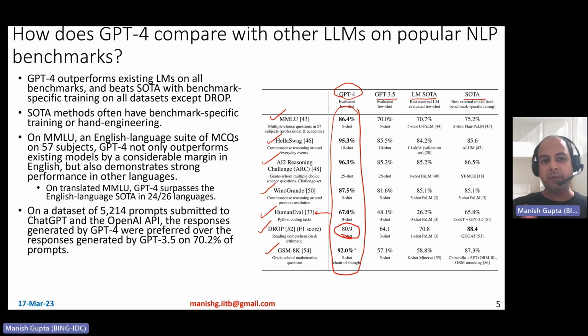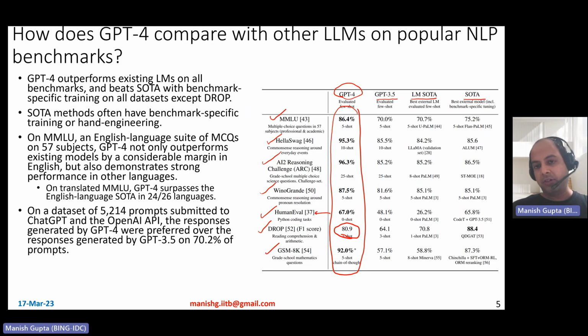So, in fact, on MMLU, which is basically an English language data set, multiple choice questions on 57 different subjects, GPT-4 not just outperforms by a large margin, but although it's not shown in this table, it actually shows very good improvements even on multilingual MMLU. So for that one, they basically translated the MMLU dataset and then showed that GPT-4 actually performed better on 24 out of 26 different languages.